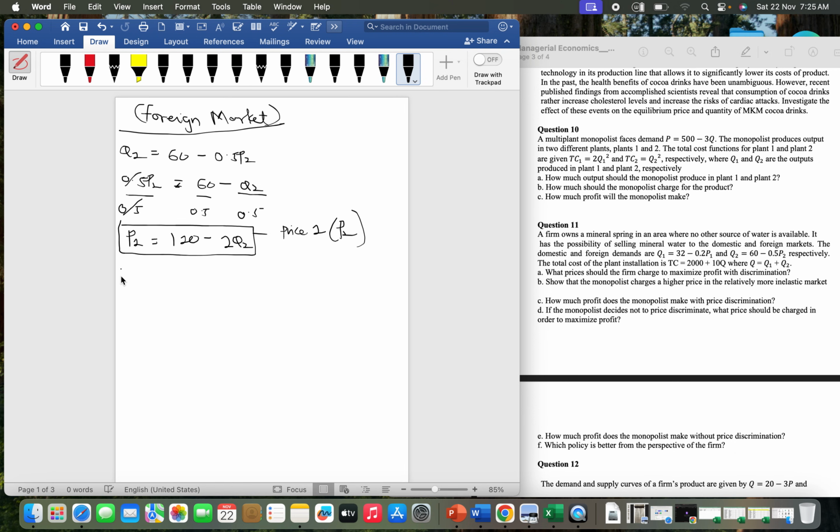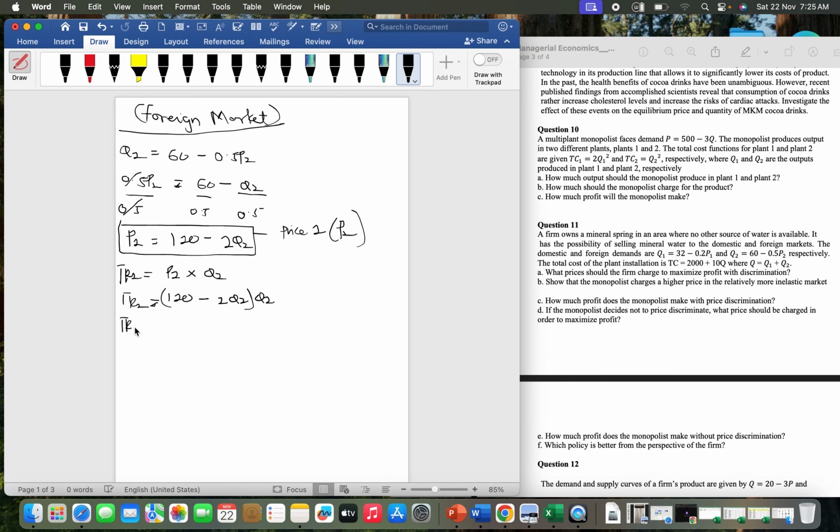Now we can find total revenue 2. The first one was total revenue 1, so it was P1 times Q1. This is total revenue 2, so it's P2 times Q2. So total revenue 2 is 120 minus 2Q2 times Q2.